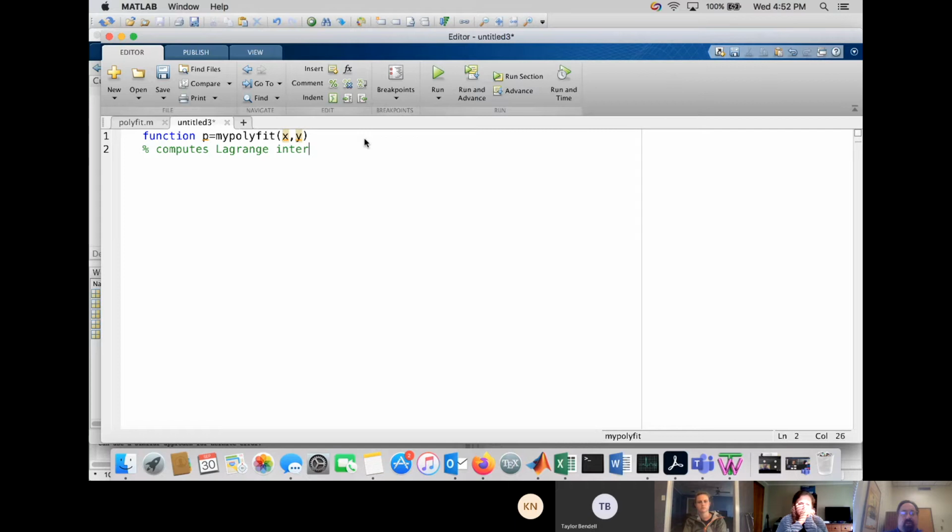So it'll compute the Lagrange interpolating polynomial Pn of x using a Vandermonde matrix. It returns it in power form. So it'll return coefficients, which is how polynomials are usually represented in MATLAB.